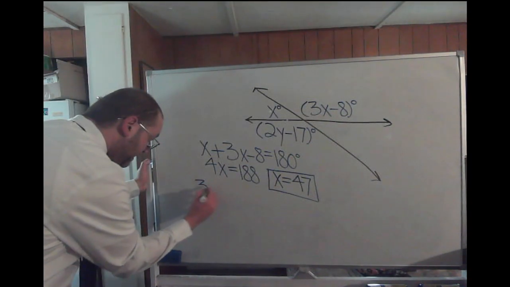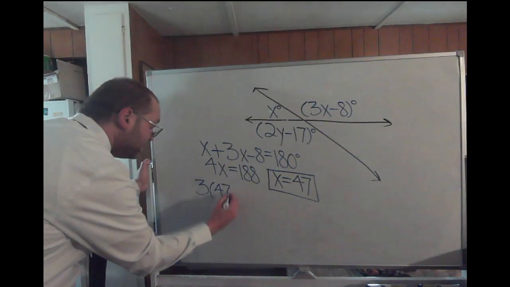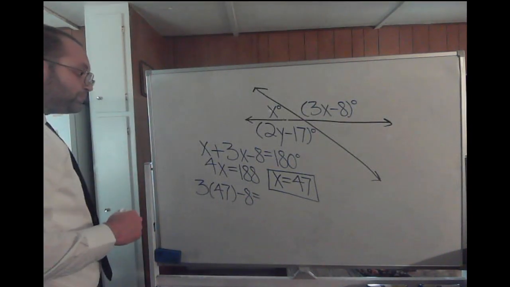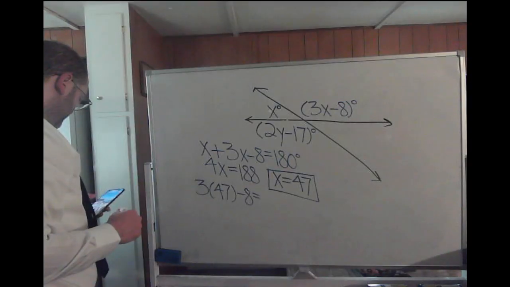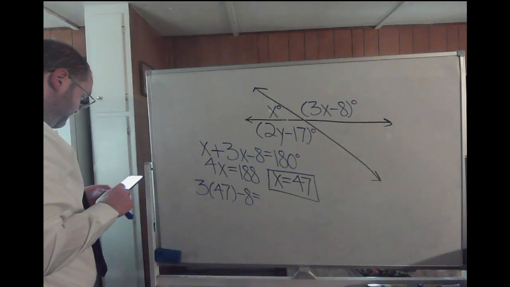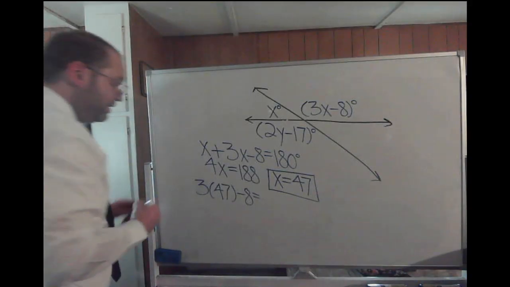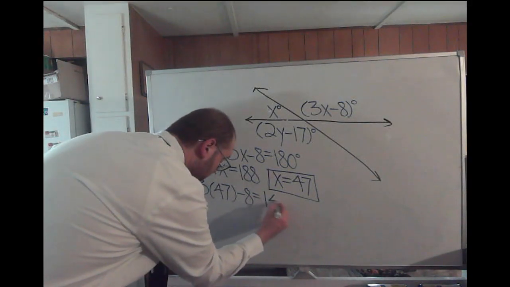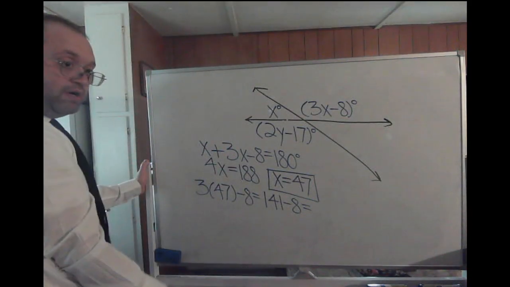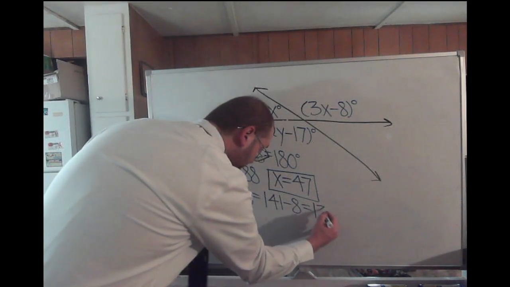So you'll take 3 times 47 minus 8, which, let me see what that is. 3 times 47 is 141 minus 8. 141 minus 8, that's going to be 133.